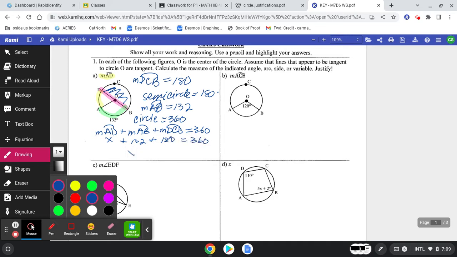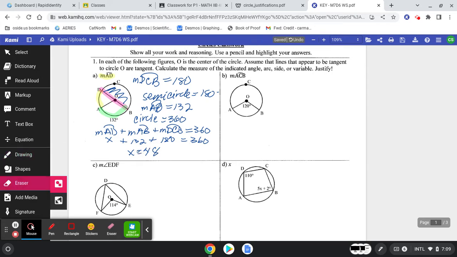So take a minute to grab your calculator. I'm going to grab mine as well. I'm going to do 132 plus 180. That's giving me 312. You need to subtract that 312 from 360. And I got, how'd you do, that the measure of minor arc AD is 48. And these are in degrees as our units.